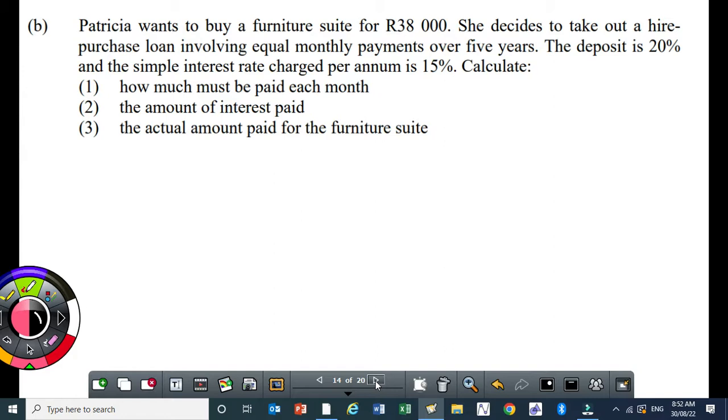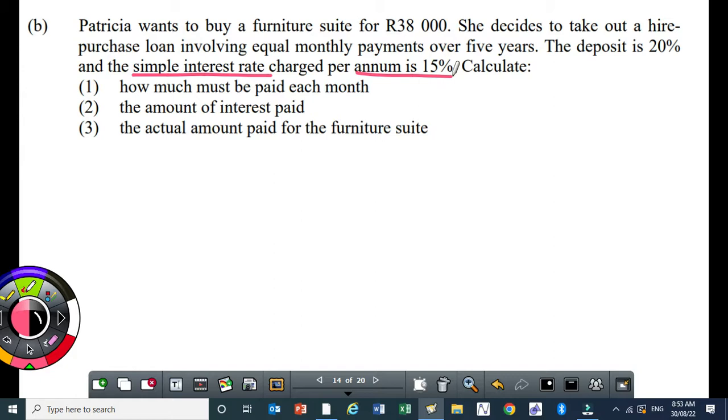So it means she has to pay 20% of the cash price first. Then the remainder she has to borrow, and then she is charged interest. The simple interest rate charged per annum is 15%. The first question says, calculate how much must be paid each month.